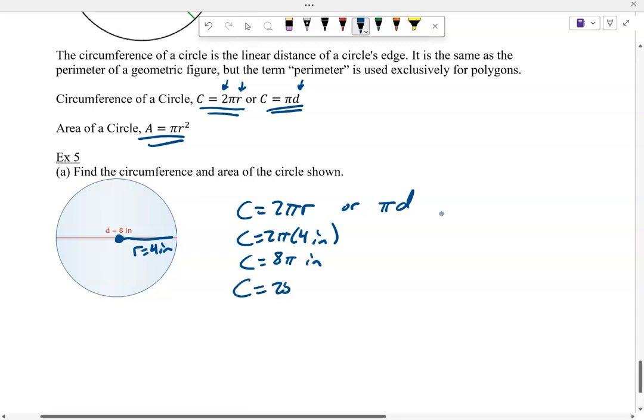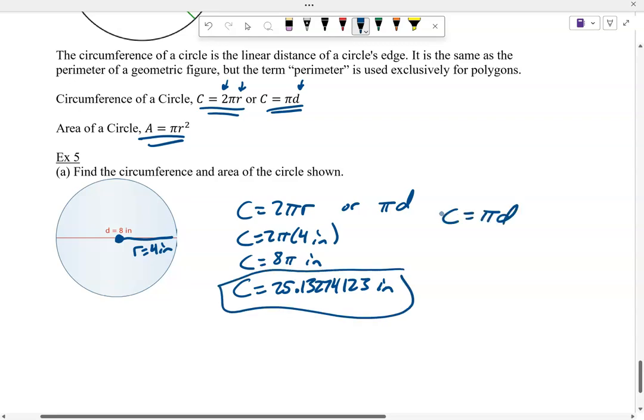That was 25.13274 inches. Of course, we could round that if we wanted to. And again, note, you could have also used pi times the diameter here, since the diameter is given all the way across through the center, right? And you'd get the same thing.